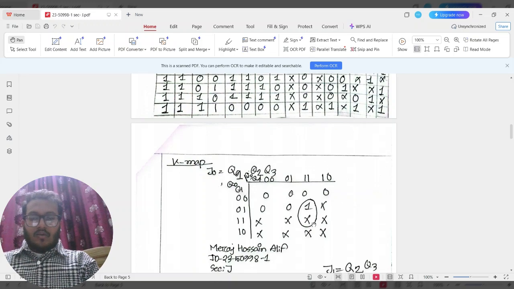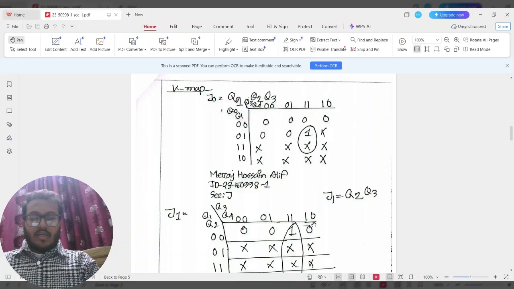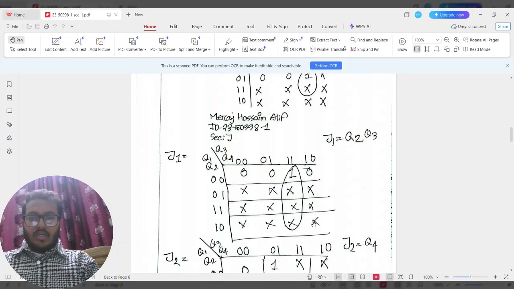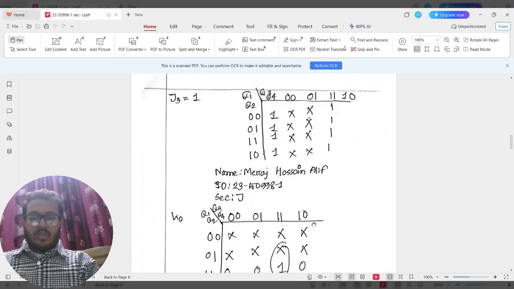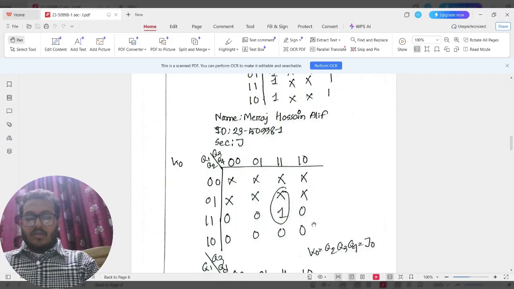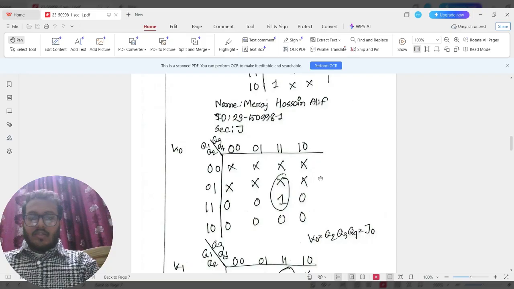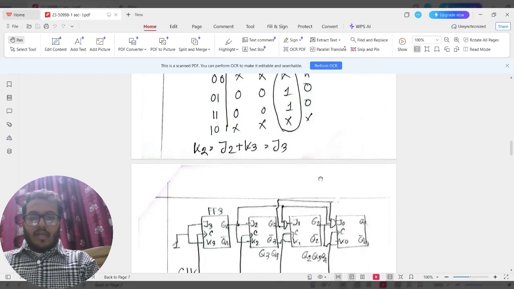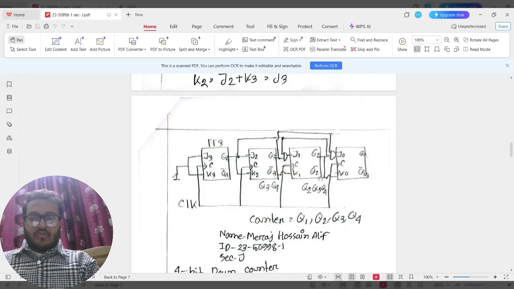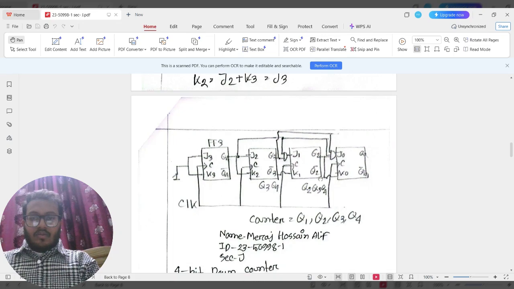Then I also use the K-map of J0, J0 equal to Q2, Q3, J1 equal to Q4, and J3 is equal to 1. Also I write the K0 K-maps, K1, K2. K2 also looks like J3.